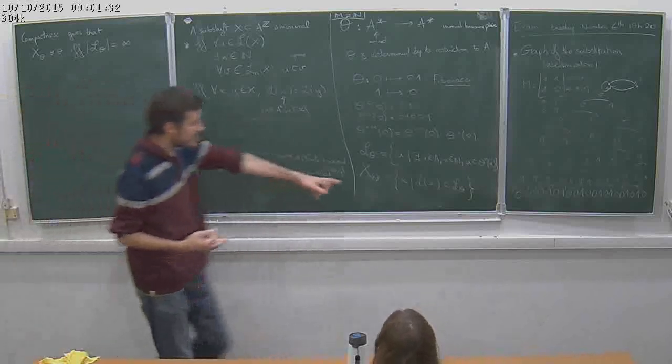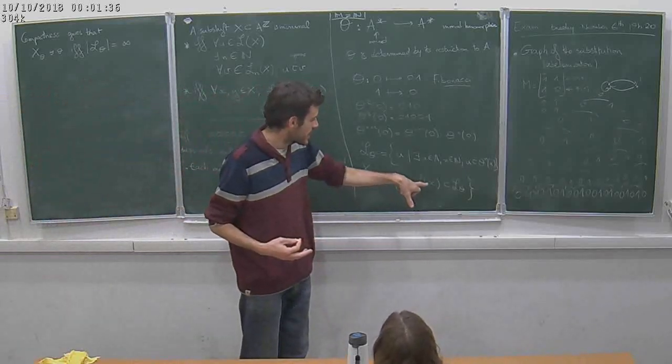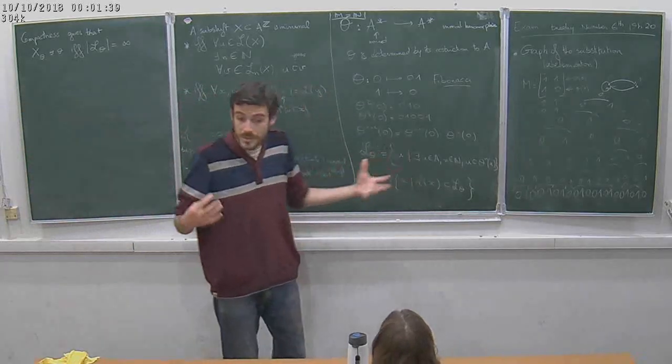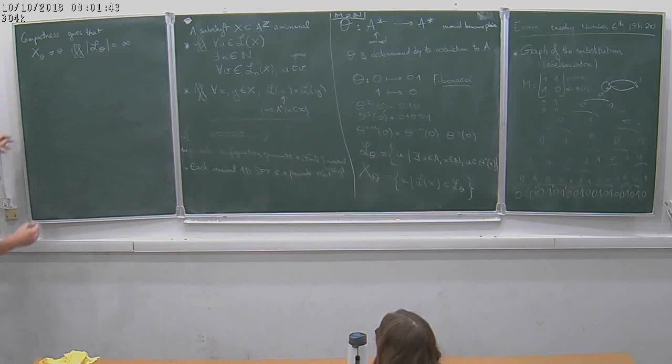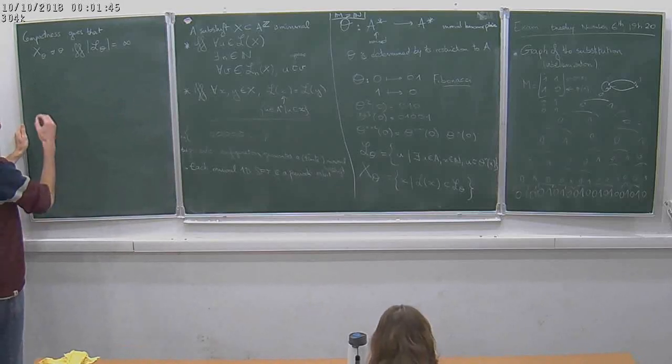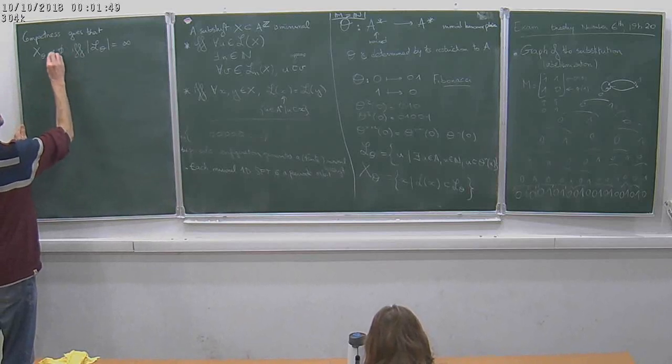But then, of course, I can find patterns which are longer than this, and they will not be here. So X theta will be empty. Is it correct?